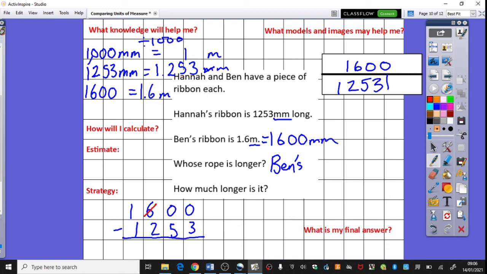So we come into our hundreds, this becomes 500, we're going to have 100, so now we've got 10 tens, so if we make that 9 tens and take a 10, 10 take away 3 is 7, 9 take away 5 is 4 tens, 500 take away 200 is 300, and 1,000 take away 1,000 is nothing. So we've got 347, really important again there, millimetres. So that is our final answer.